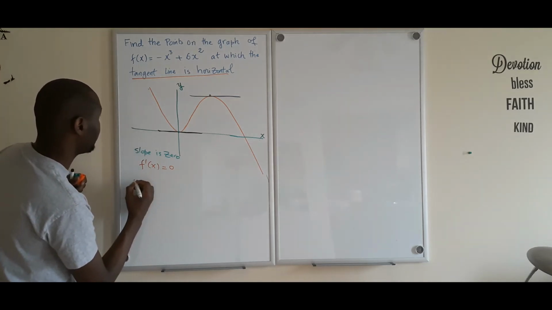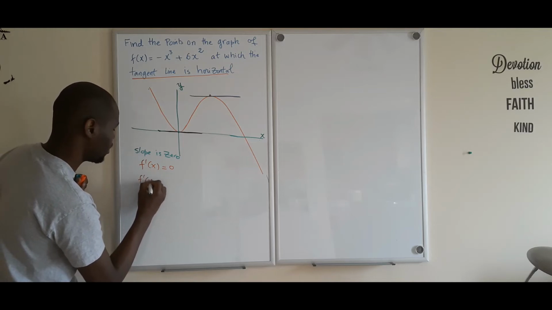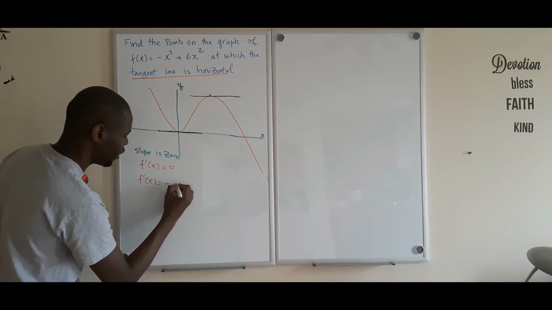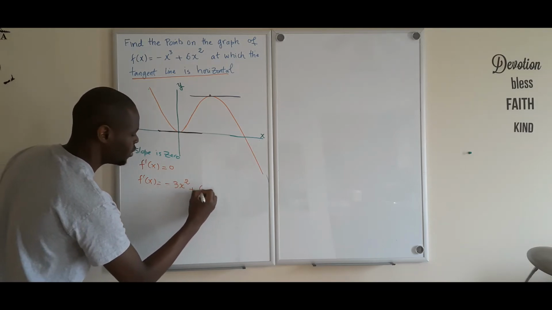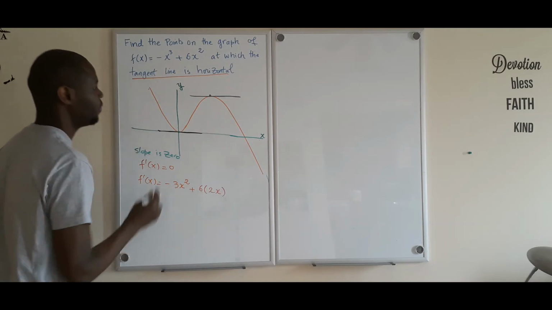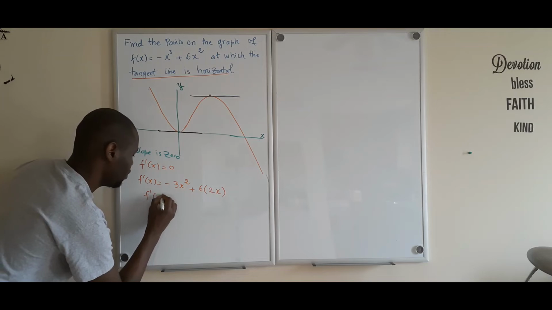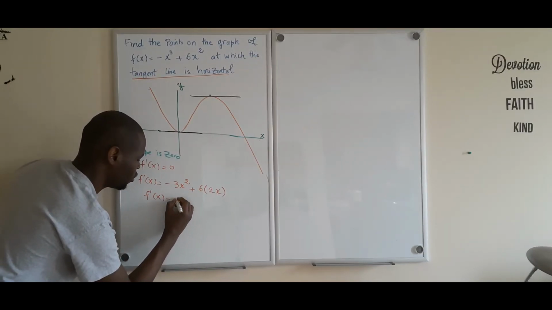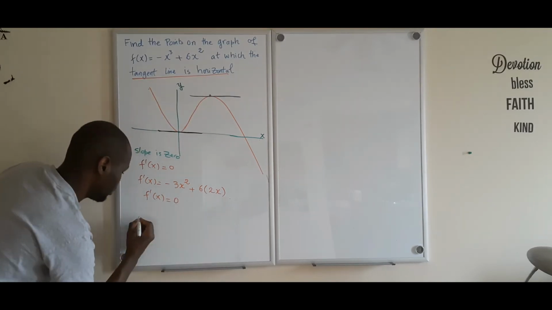So let's go ahead and evaluate the derivative of this. f prime of x equals negative 3x squared plus 6 times 2x, right? Just use the power rule here. Now f prime of x equals 0, we said. So that means we have to set this entire thing equal to 0.